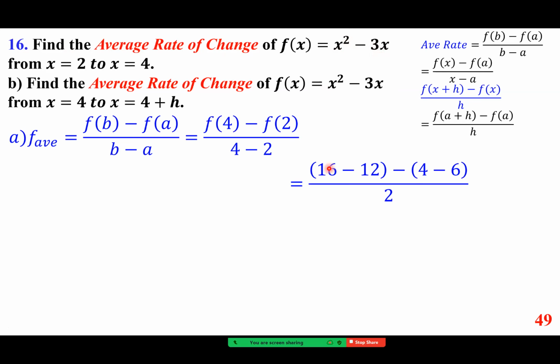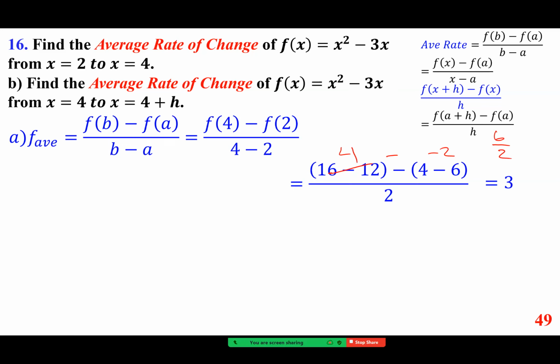So this is 4 squared or 16 minus 12. That becomes 4 minus -2, which becomes positive 6 over 2, or 3.